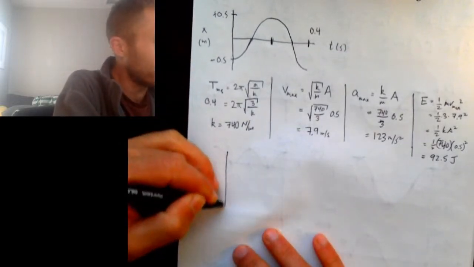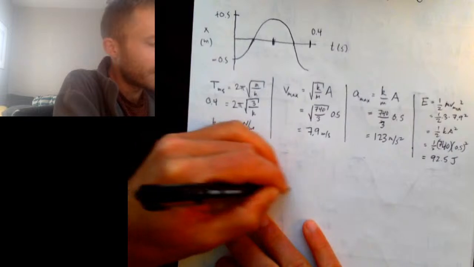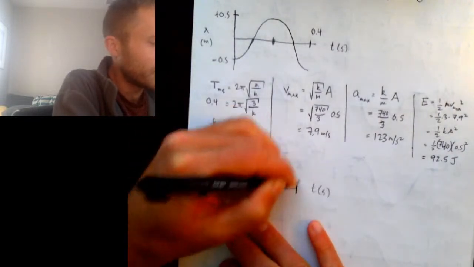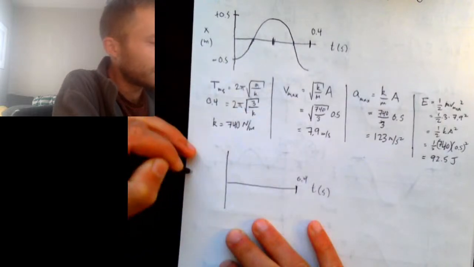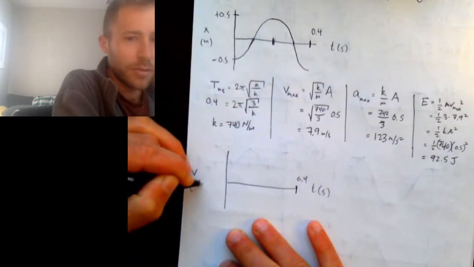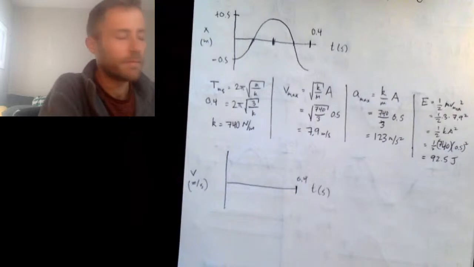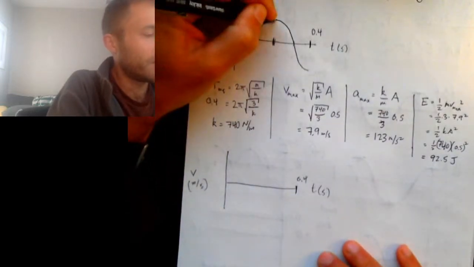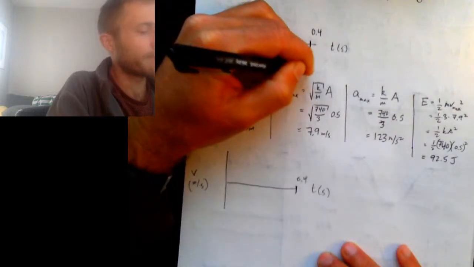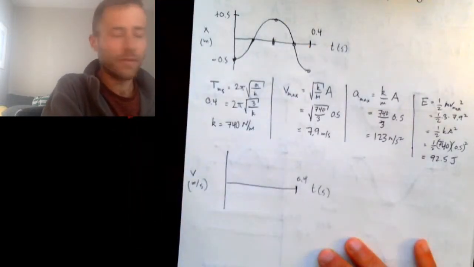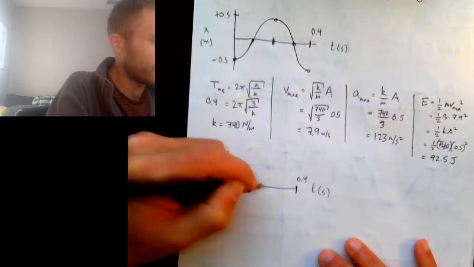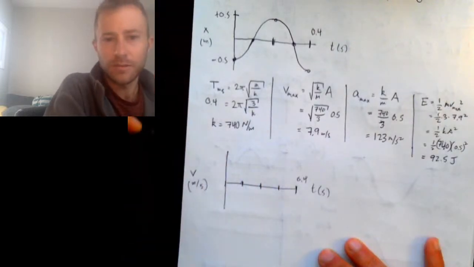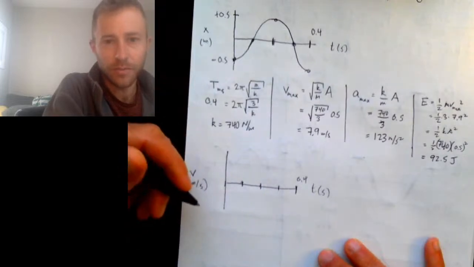If I want the velocity as a function of time, again, I'm putting units on the axes as well. I take my 5 points and I look at the slope at each of those 5 points. And at the corresponding times, I mark the sign as positive, negative, or 0.